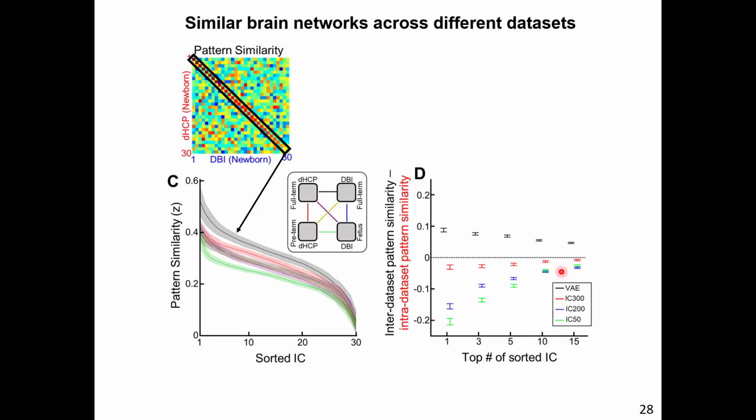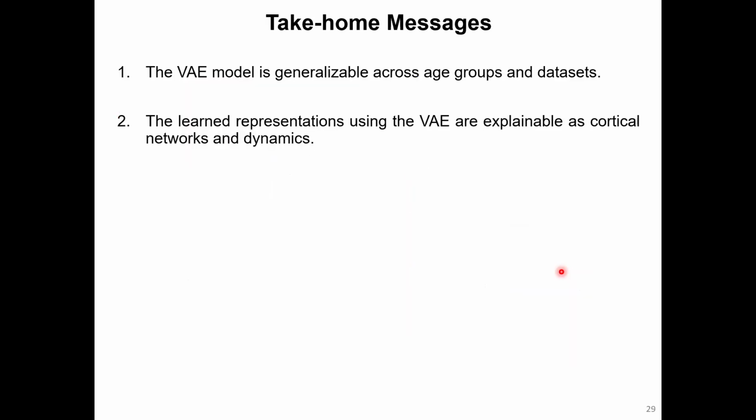This suggests that the VA model can be used as a general tool to get brain networks across different data sets, especially when those data sets are pre-processed using different pipelines.